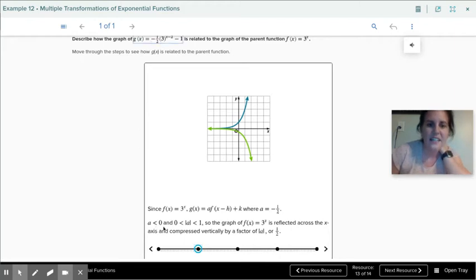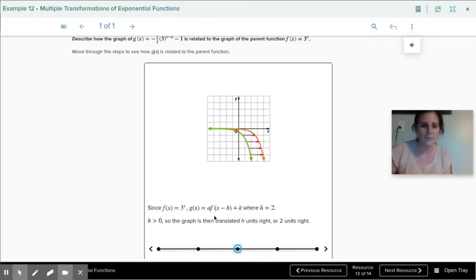And since a is less than 0 and the absolute value of a falls between 0 and 1, the graph is reflected across the x-axis and it's compressed vertically by a factor of 1/2. Okay, then we know that since there's an h equal to 2, that h is greater than 0, so that takes our graph and translates it h units to the right, or 2 units to the right once it's been flipped.